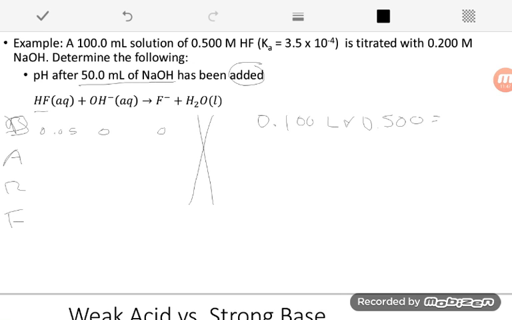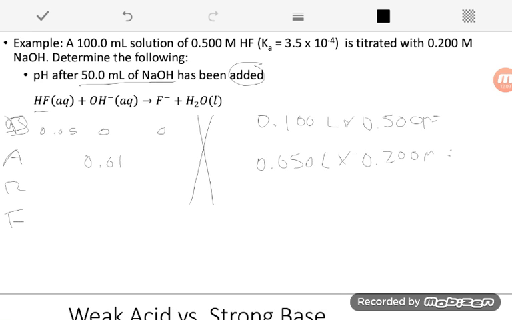I didn't start with any F-. So all I started with was the HF. Then I added the hydroxide. I added 50 milliliters or 0.050 liters of that, and it is 0.2 molar. So I do the math on that, and I added 0.01 moles of hydroxide.